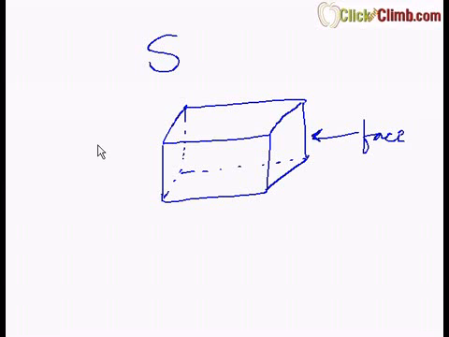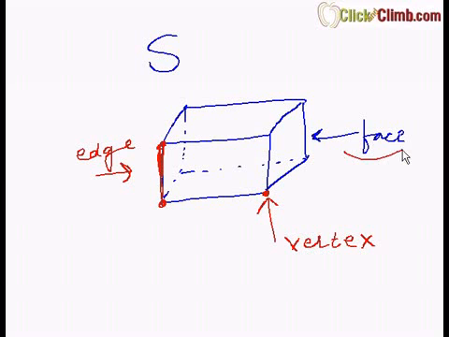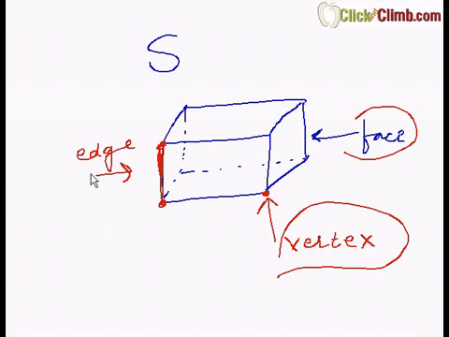Now this one side is called an edge. Okay, so the segment where the faces meet are called the edges, and so this is the edge. Now each point where the edges meet, so this is the point where the edges are meeting, and this is the point where the edges are meeting. Here, this is the point. So these points are called vertices, or singularly we can call it a vertex. So these are the three words which are very important in solid geometry: face, edges, and vertices.